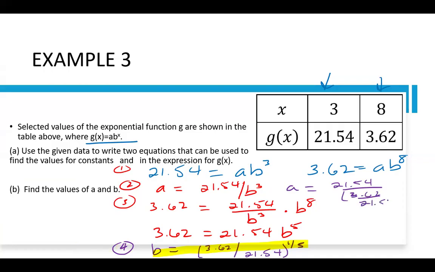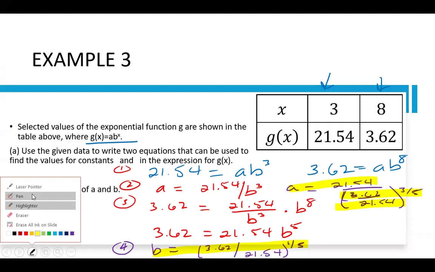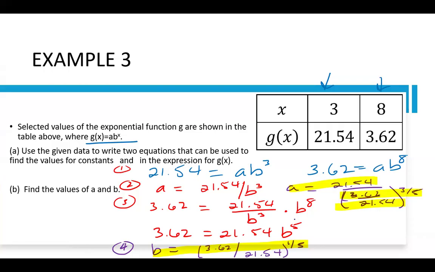Over 21.54 to the 3/5. So these are our exact values for our A and our B. So we're definitely getting full points because we did all of that.